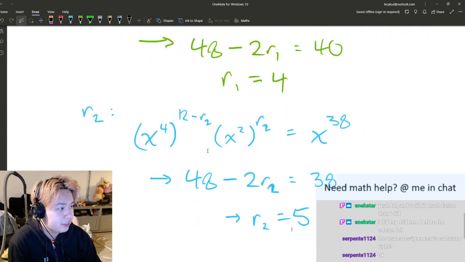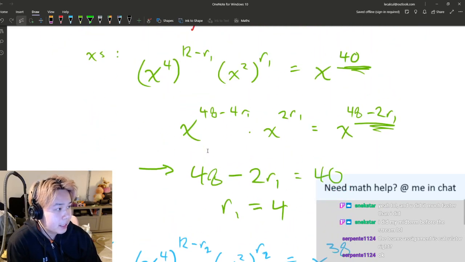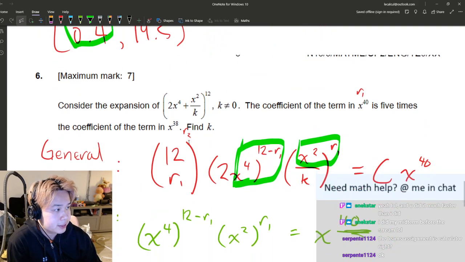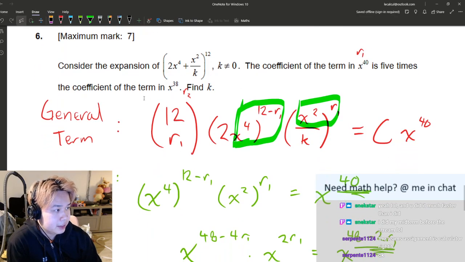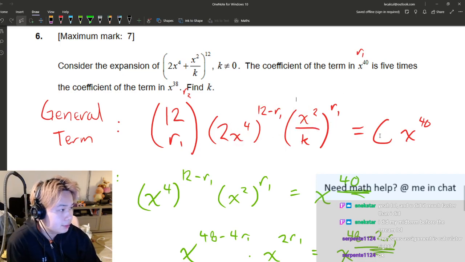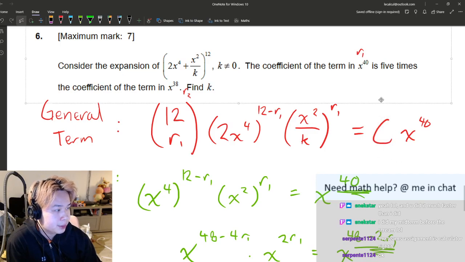Okay, so what's the point of finding r2 and r1? Because we need to find the coefficient, right? And to calculate any sort of binomial coefficient, I need to know the nCr. So I need to find out the second one. Okay, so the coefficient comes from a number of things.